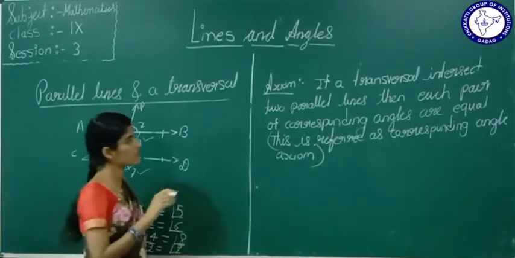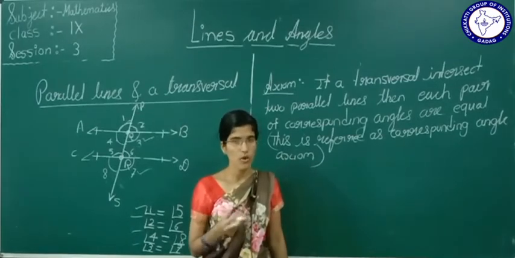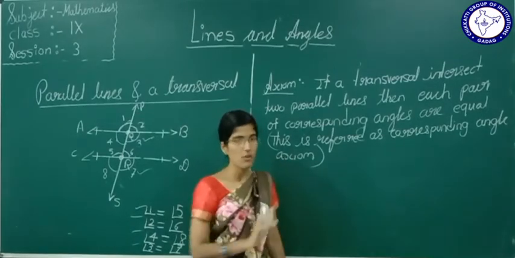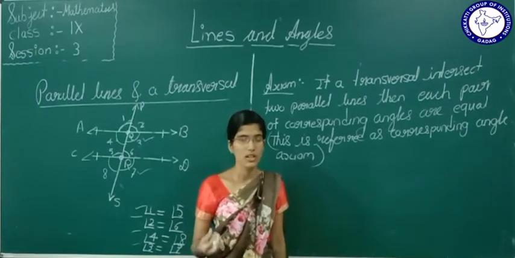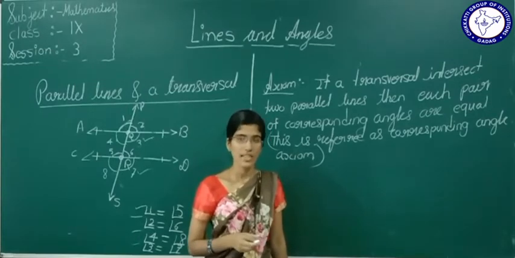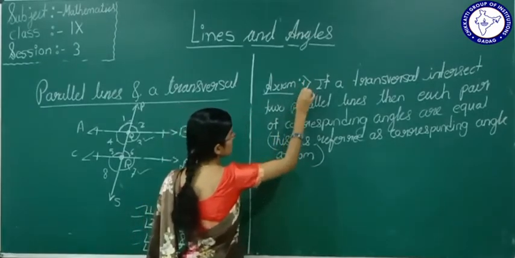See, an axiom is a truth statement we have to obey, which does not have a proof. We don't have a proof for axioms; we are going to accept it. Now see here, one more axiom.